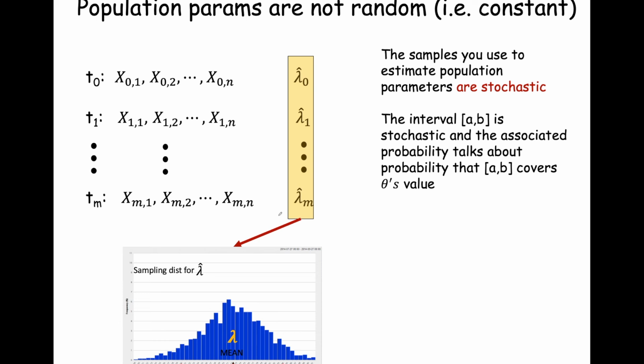We know it's somewhere in there, but the thing we can measure is going to change. So we look at the distribution over the thing that can change, this lambda hat, and then we look at how likely it is for that unknown theta to fall within the value. And the reason why we can do that is because theta does not change. It is a constant, but we just don't know what it is. So here, floating around somewhere within this distribution is going to be our ground truth population parameter. In the case of a Poisson, it's lambda.